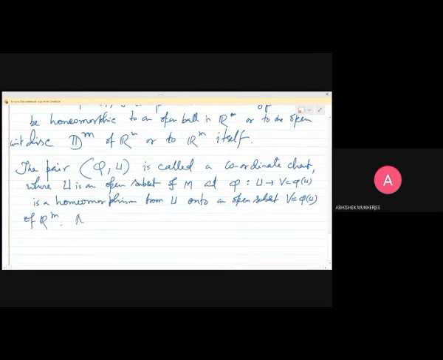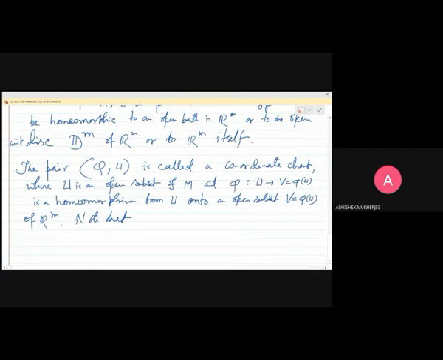Now note that in a topological manifold, every point P must be contained in some coordinate chart phi U, right? Because by axiom 2, every point will have an open neighborhood U and an open subset V which are homeomorphic.